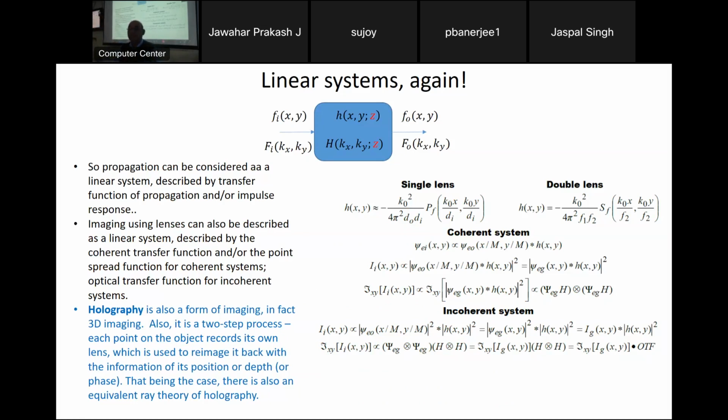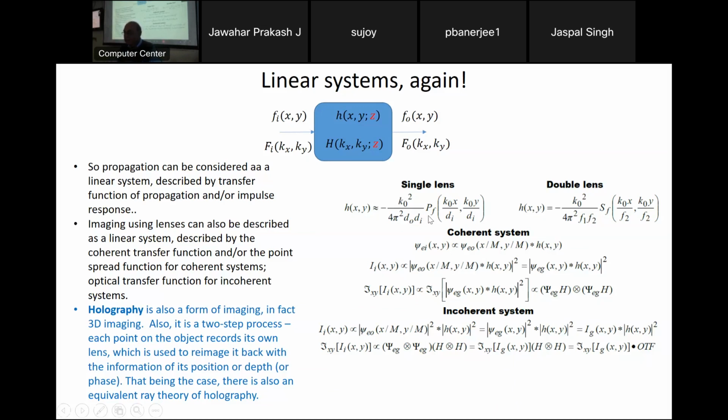But you cannot find lenses like that, right? All lenses will have some aperture. That aperture is called the pupil function. If you have a lens with a certain pupil function, then you can define the so-called impulse response, or as it is called, point spread function of that linear imaging system in terms of the pupil function. And that pupil function comes in here.